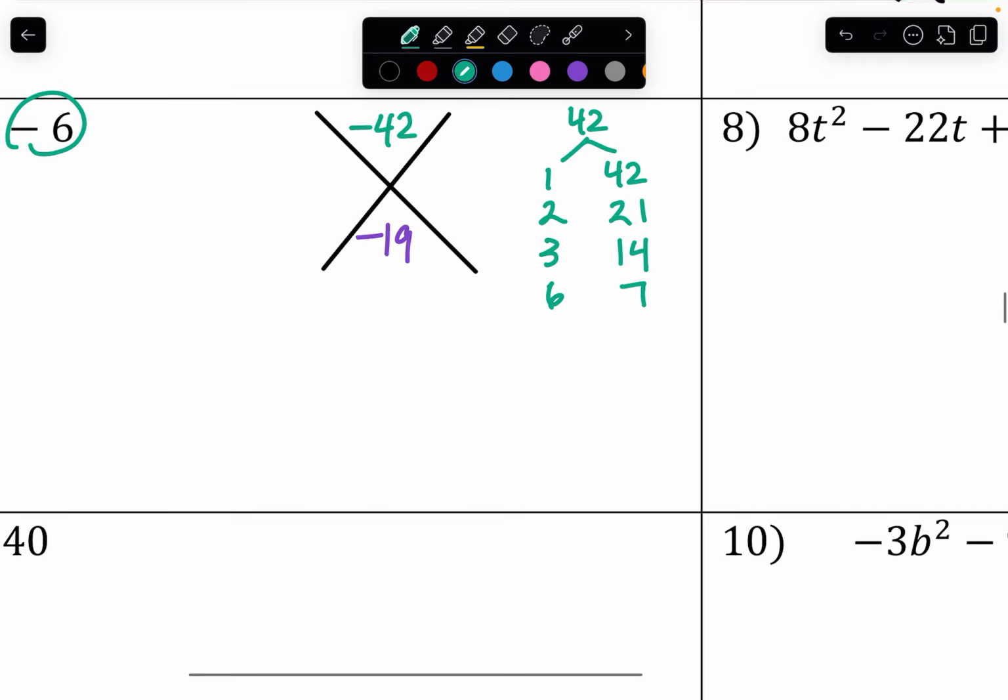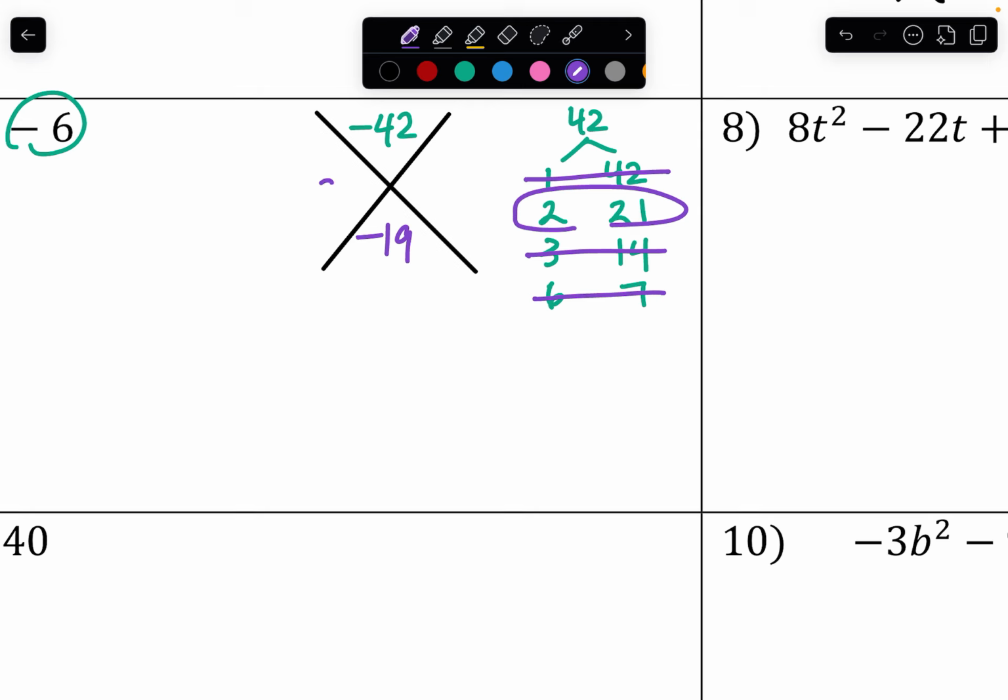Looking for a pair that can get us to 19, 1 and 42 doesn't work, 3 and 14 doesn't work, 6 and 7 doesn't work, but 2 and 21 will work if we make the 21 negative. That way they add to negative 19, but multiply to negative 42.